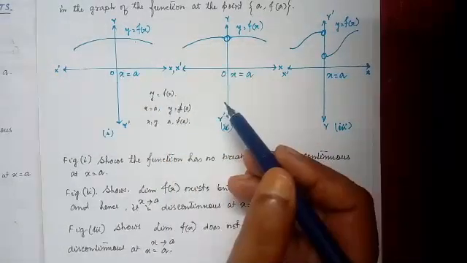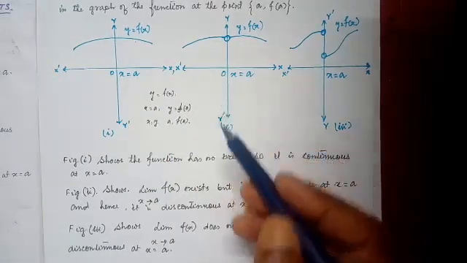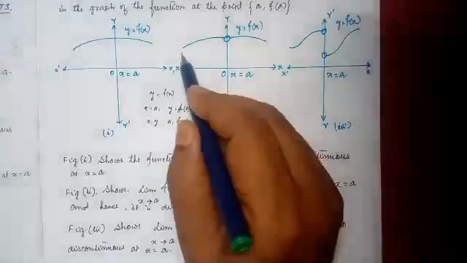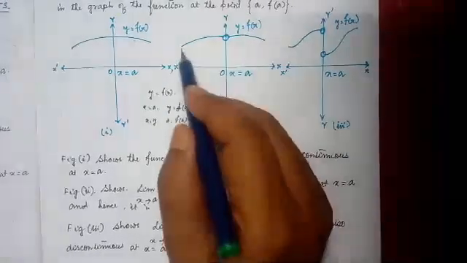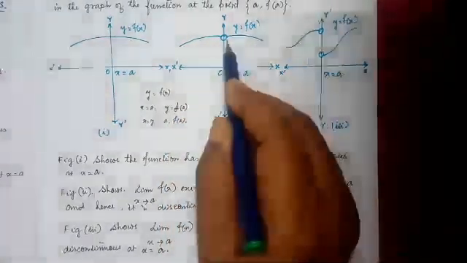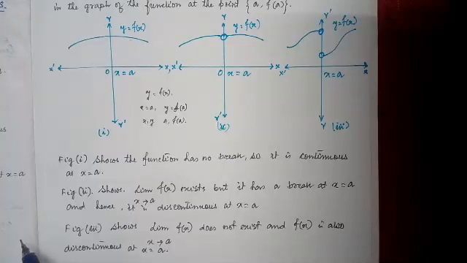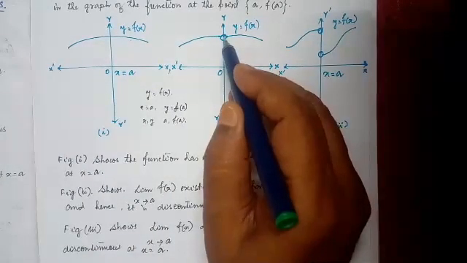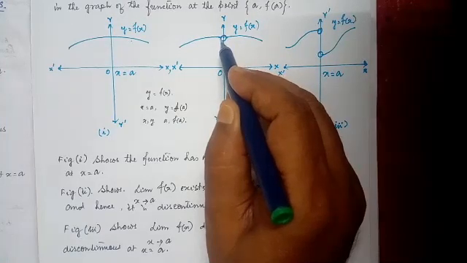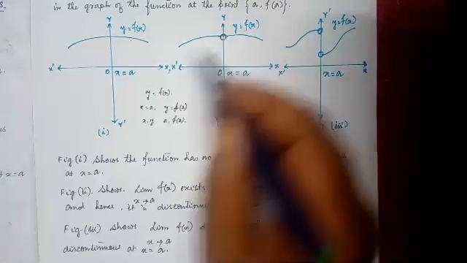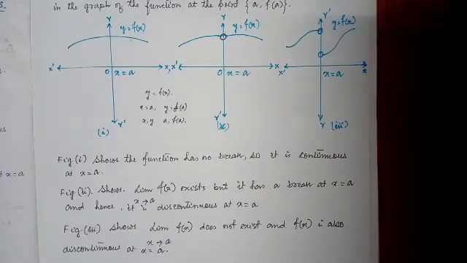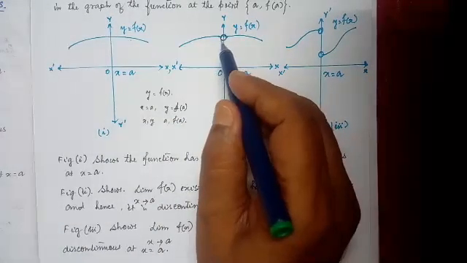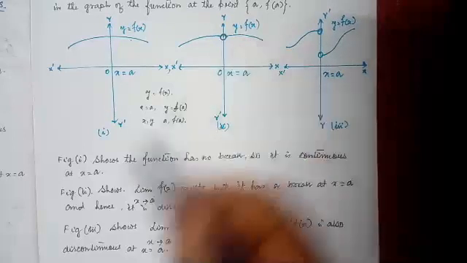Now figure 2 shows that the limit of f of x exists, but it has a break at x is equal to a, because you see that the circle remains unfilled. It means that for x is equal to a, the function cannot take any value.